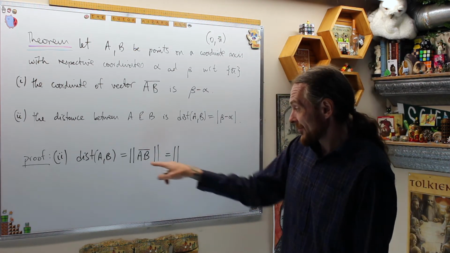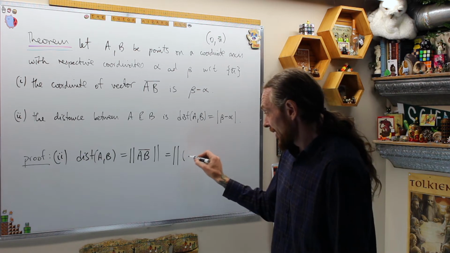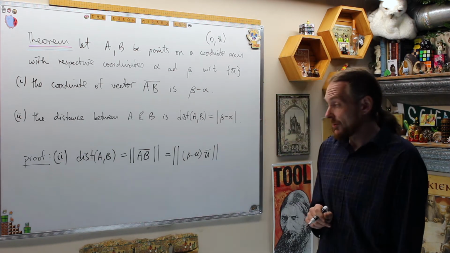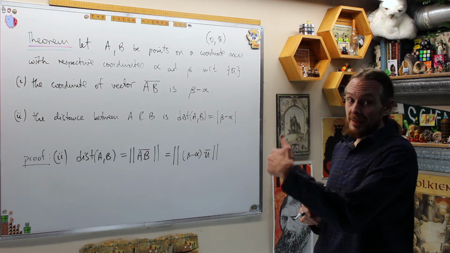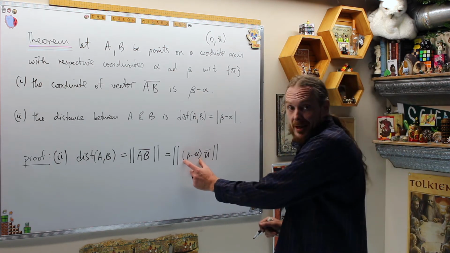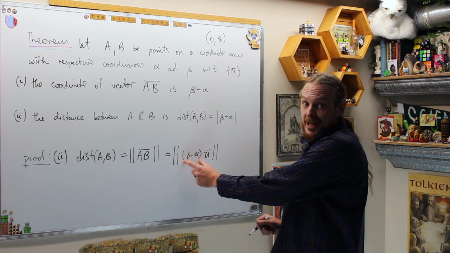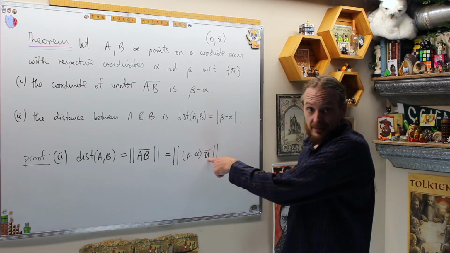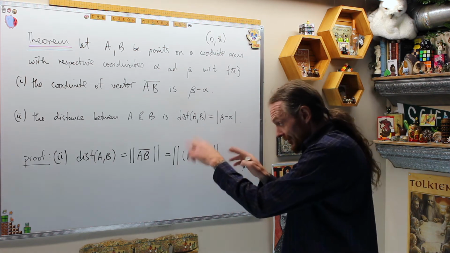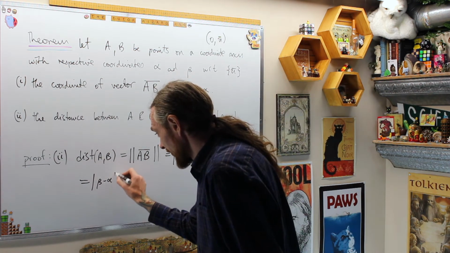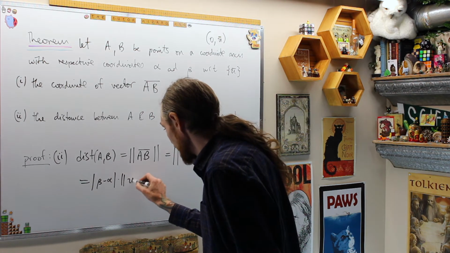What is that vector? We now know that that is actually beta minus alpha times u. We just went over that. Now, what I'm going to use is the property of this number. I don't know whether beta was larger than alpha or not, because these are real numbers. So when we have a multiple times a vector, and we're going to take its norm, I can take that as an absolute value. So that will be the absolute value of beta minus alpha times the norm of just u.